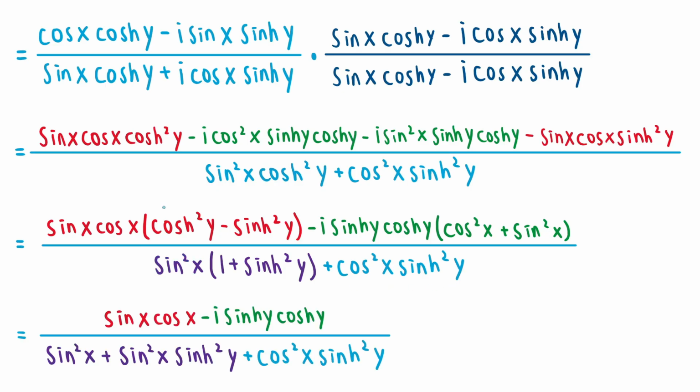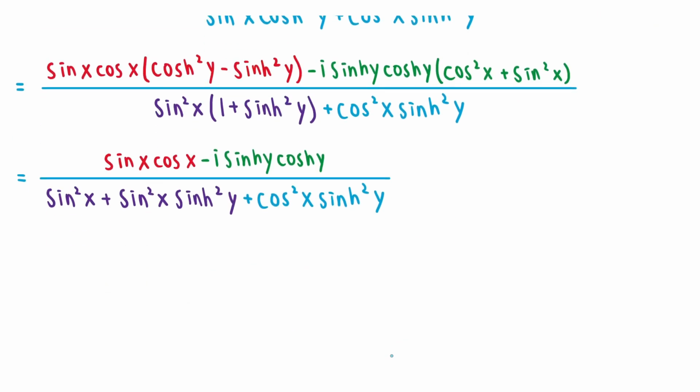Cosh squared of y minus sinh squared of y equals 1, and cosine squared of x plus sine squared of x also equals 1. So the numerator greatly simplifies to sine x cosine x minus i sinh of y cosh of y. In the denominator, if we expand sine squared of x times 1 plus sinh squared of y, the denominator becomes sine squared of x plus sine squared of x sinh squared of y plus cosine squared of x sinh squared of y.